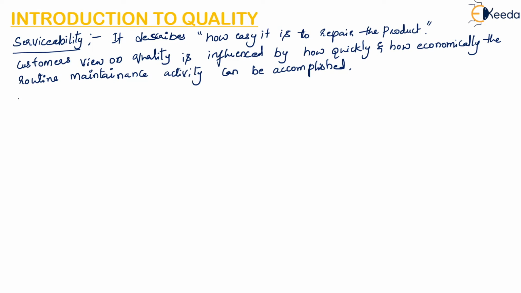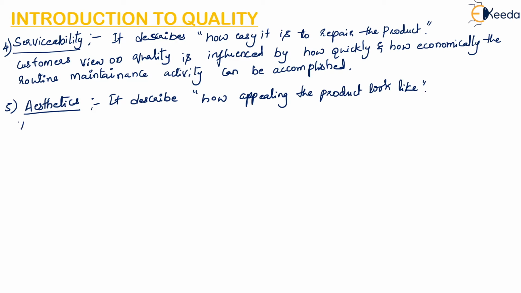The next dimension is aesthetics. So aesthetics describes how appealing the product will look. This dimension of quality describes the appeal of the product. It is all about the visual appeal of the product.